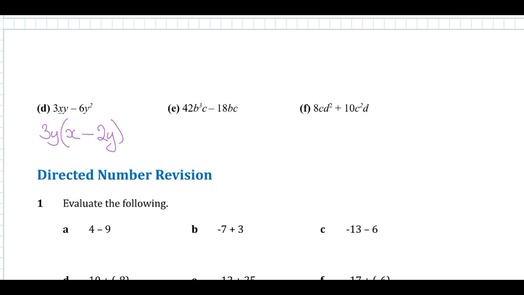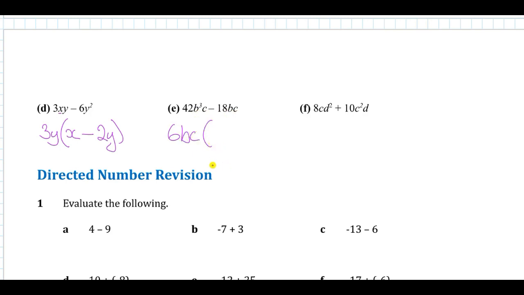For part E, I can spot by inspection 6 goes into 18 3 times, 6 goes into 42 7 times. I'm going to take the 6 outside. There is b and there is c common to both terms.